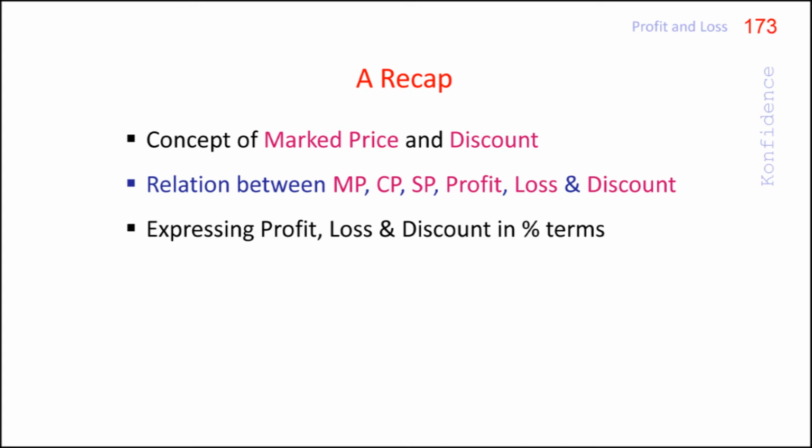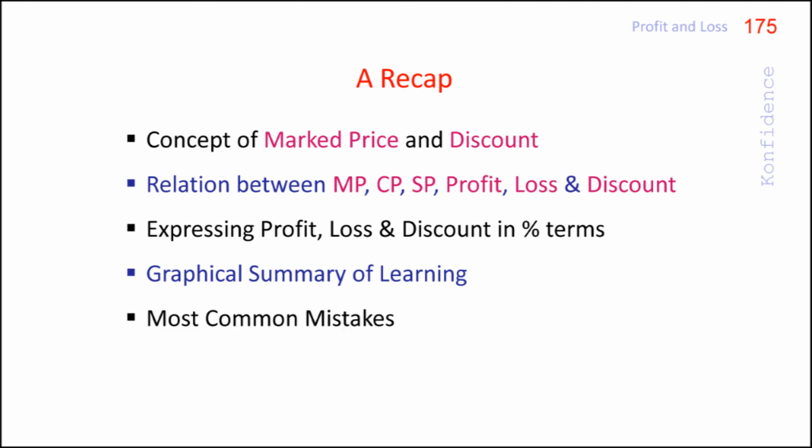We learned how to express profit, loss, and discount in percentage terms. We discussed the summary of all learning in a couple of graphs. We discussed the most common mistakes that students do make when they attempt such questions.